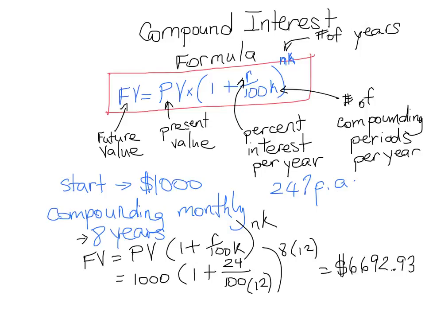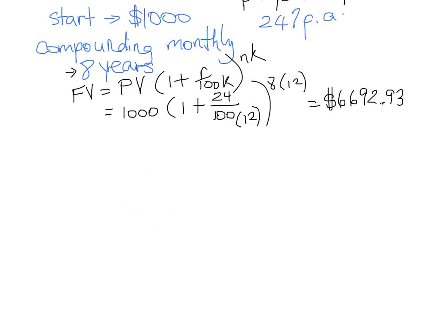So let's get onto a new slide. Okay, so again, we started off with $1,000 and we ended up with over $6,000, $6,692. So the interest is the difference between those two amounts.